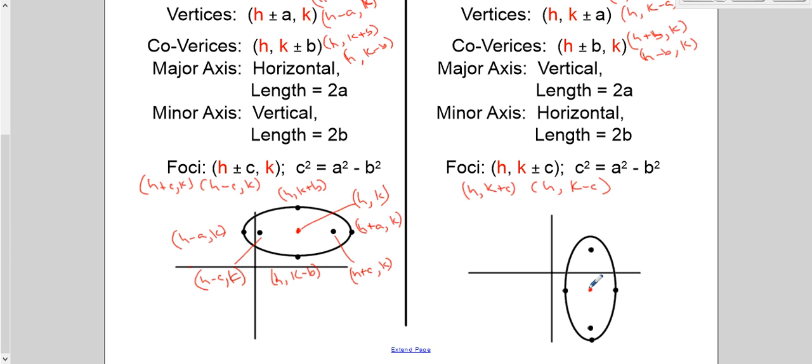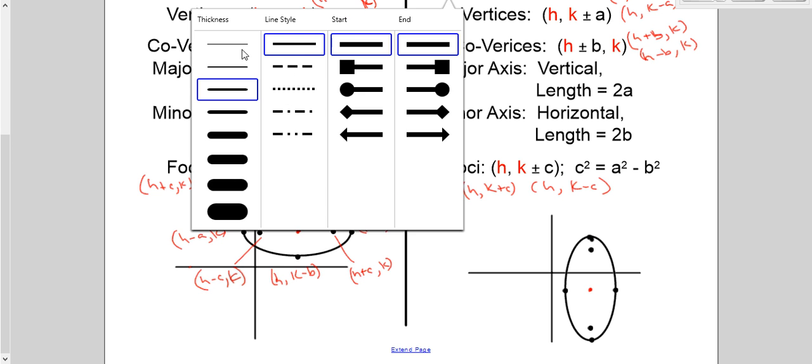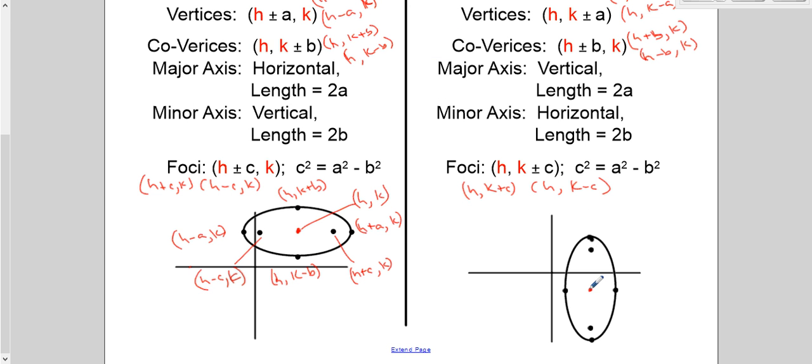So starting from the center, your a values are going to be going up and down from the center. So a goes up, that's (h, k plus a). Starting from the center and going down gives you (h, k minus a). For your minor axis, you add your b.